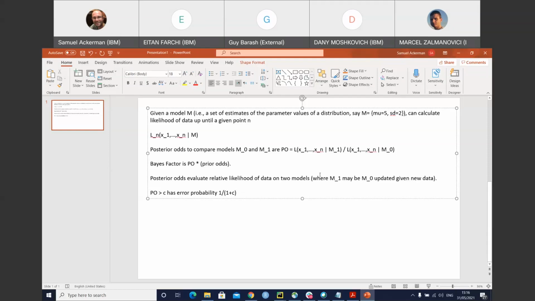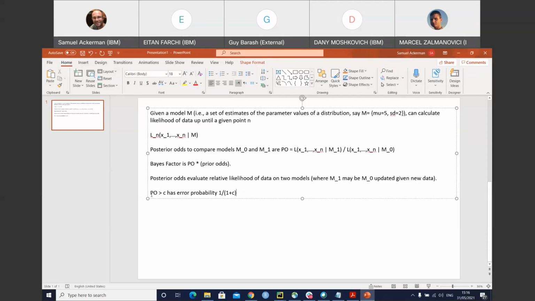So you can detect drift. Drift here is basically that the data no longer fit the initial model, with this ratio becoming very large.